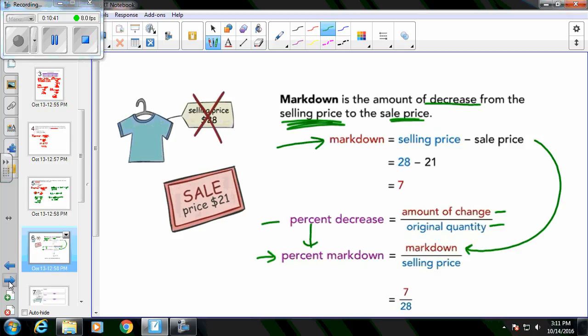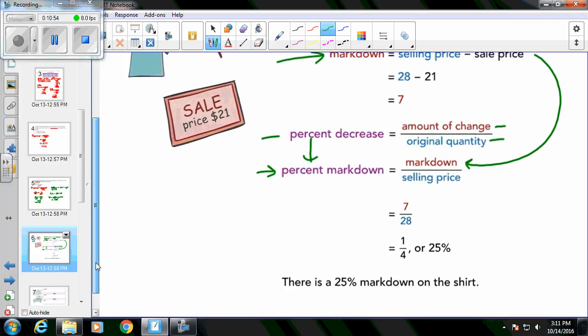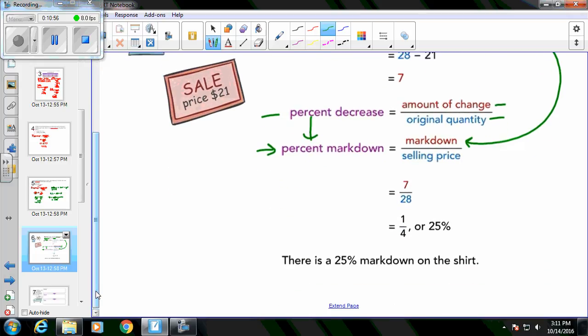In this example, the markdown, 28 minus 21, gave me a markdown of 7. Over the selling price of $28, when I simplify that, I get 1/4, which is 25%. So this shirt was marked down 25%.